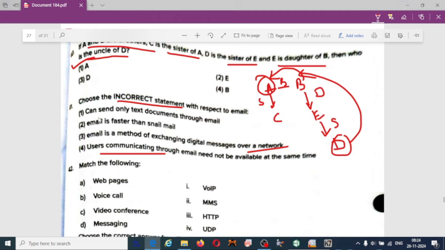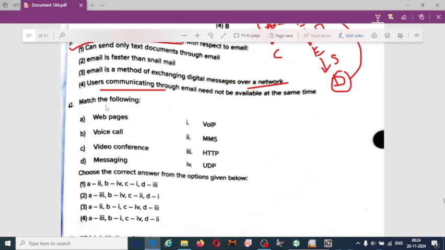So the incorrect option is the first one, because you can send only text documents through email. With the help of email you can send video, audio or any kind of files, not more than 25 GB. So here option 1 is incorrect. You can remove that.